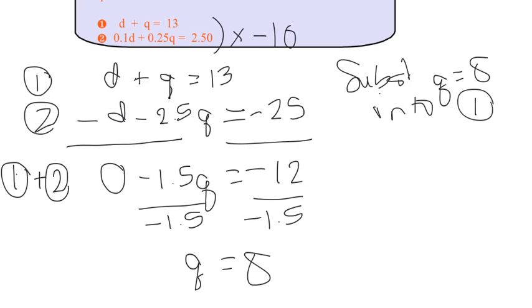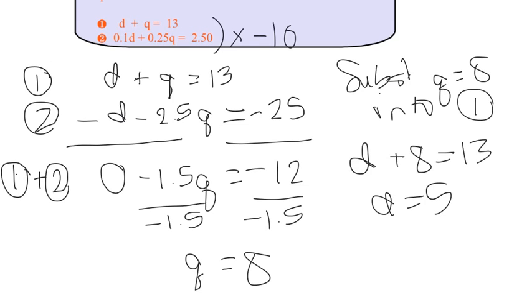In other words, D plus 8 equals 13, so D equals 5. And that's it. Therefore, there were 5 dimes and 8 quarters.